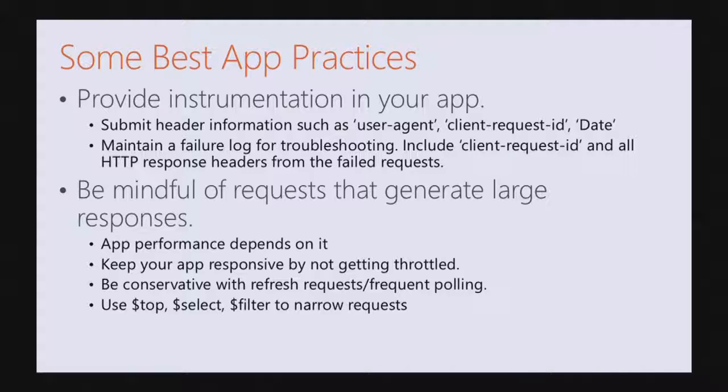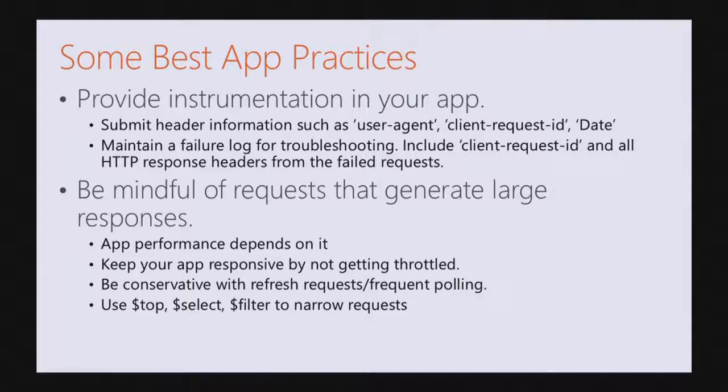Maintain a failure log for troubleshooting. Be mindful of requests that generate a large amount of responses. Forget the service and how you might hurt the service, your app performance depends on it, right? Getting too much data, being very chatty, can be things that you should avoid. Again, if you make a lot of requests, all services will try to protect themselves, and so does the Exchange service.